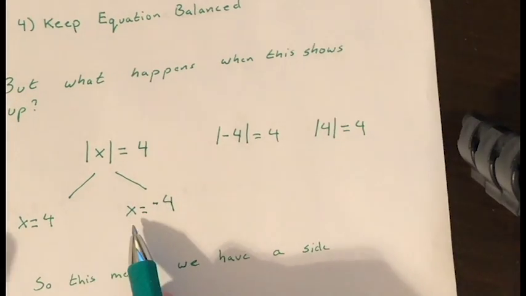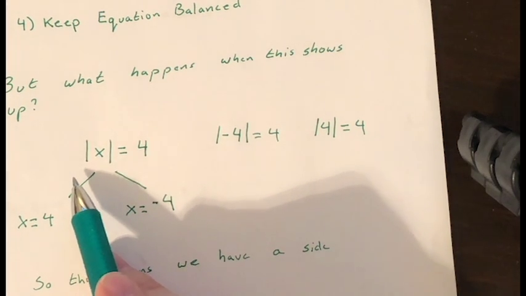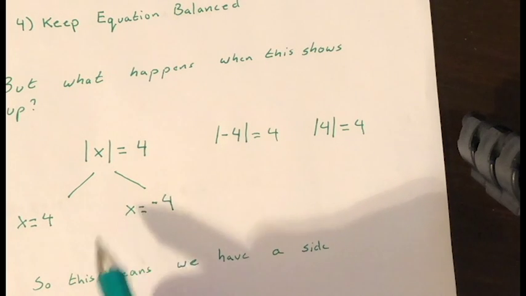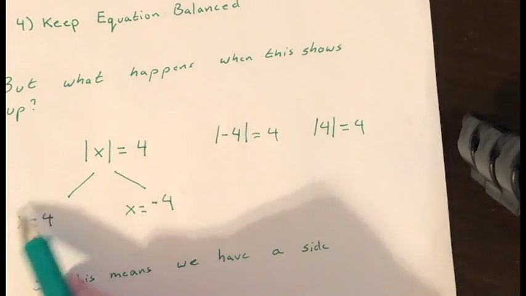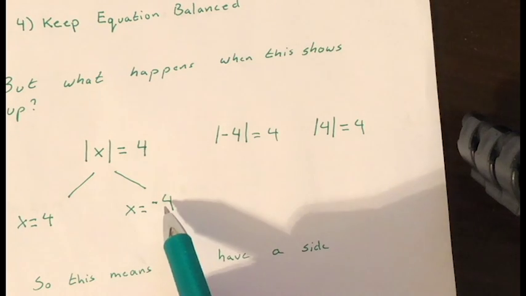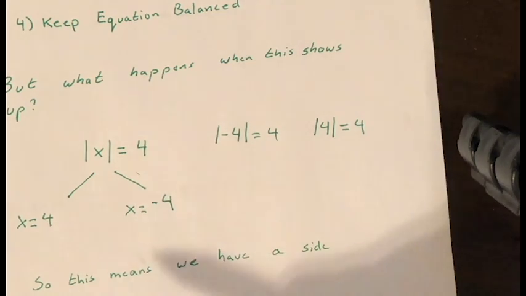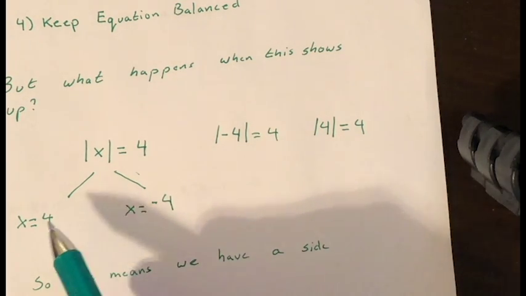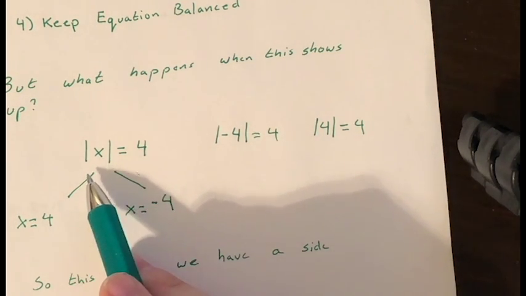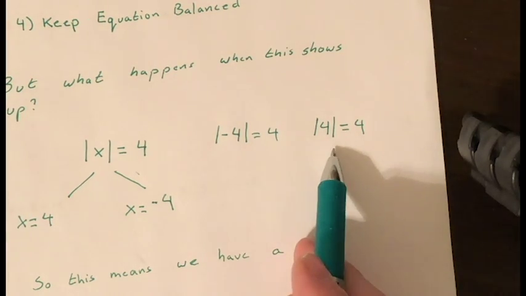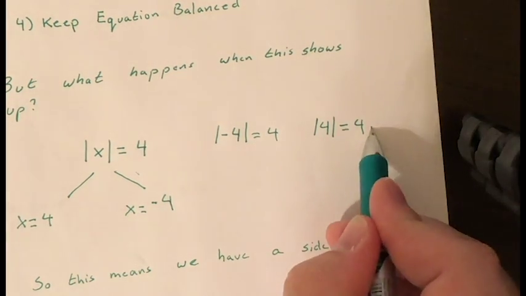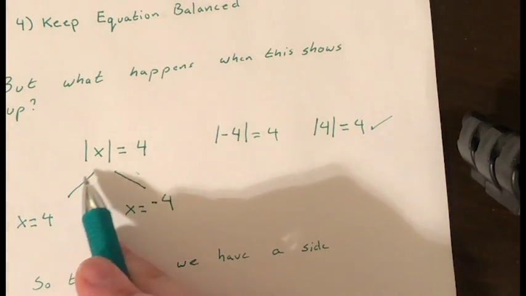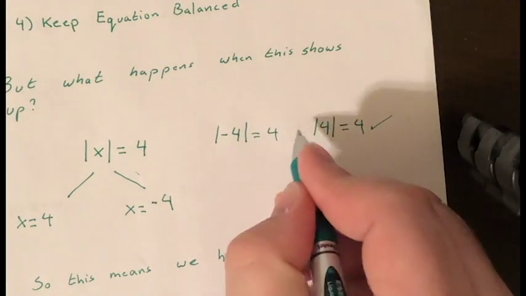So when we get an absolute value equation, we end up having 2 equations, one having the positive side, x is equal to 4, and the other x equals -4. And we know that these are our answers because if we plug 4 in the place of x, we get the absolute value of 4 equals 4, and that checks out. And then if we plug -4 back into x, we get this answer.